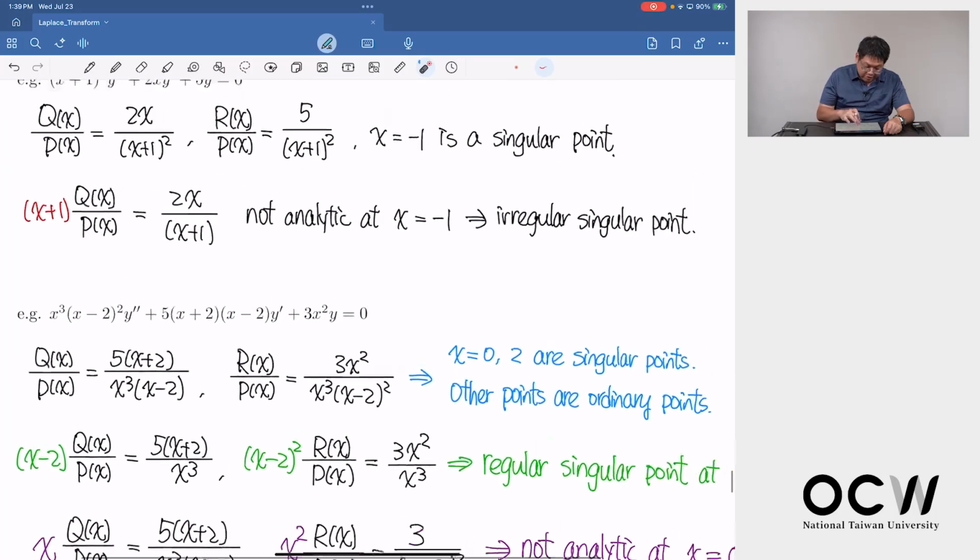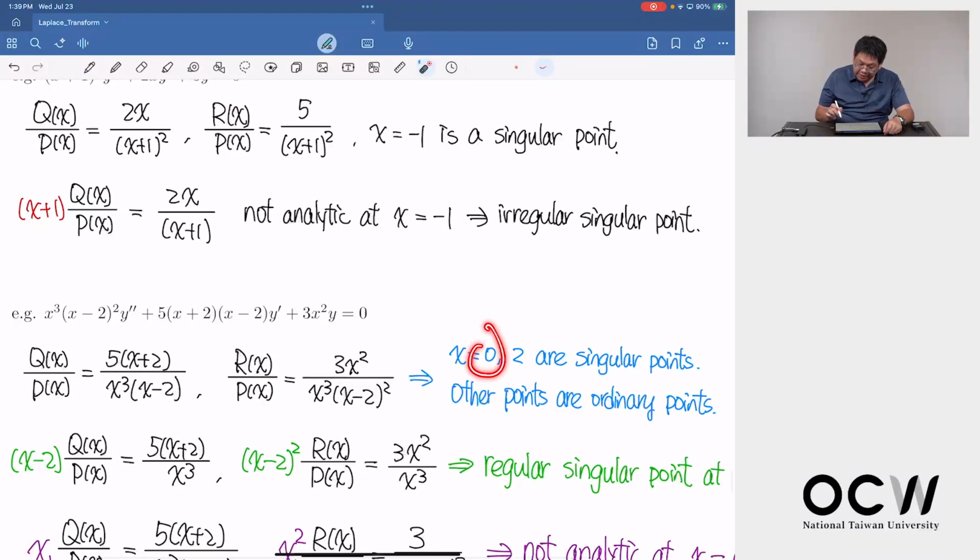Okay, since 0 is a singular point and 2 is also a singular point, we need to check if 0 is a regular singular point or an irregular singular point. Same thing applies to 2. So first, let's check 2.